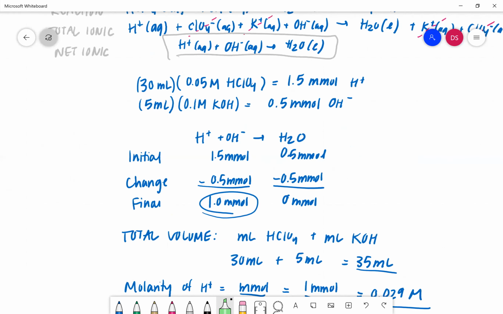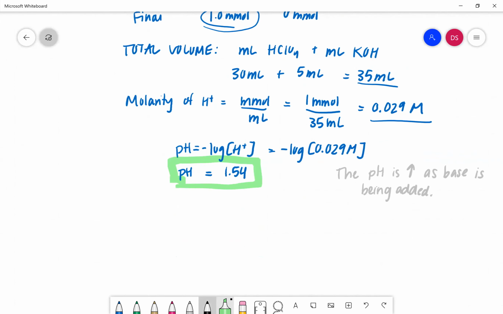All right, so now what if 15 milliliters of 0.1 molar potassium hydroxide is added? What would be the pH then? We can calculate the millimoles for this.